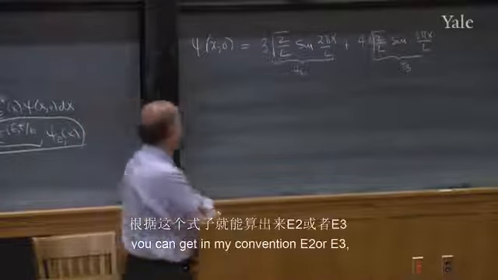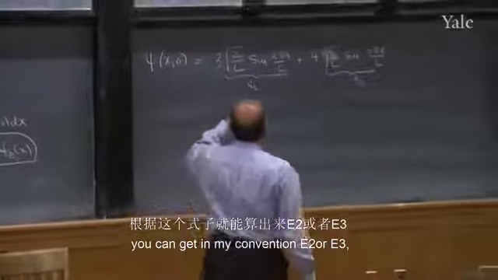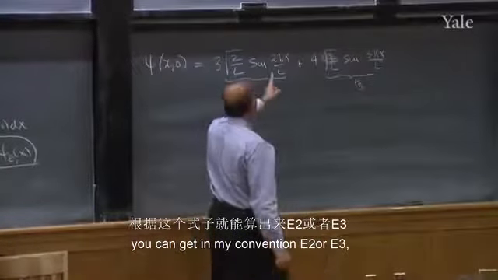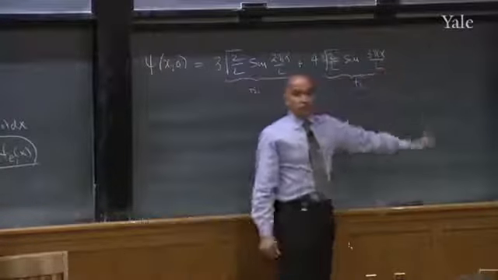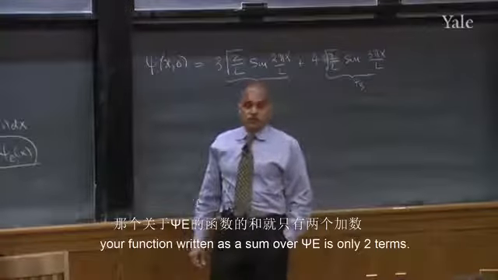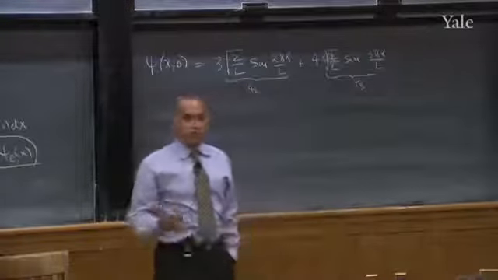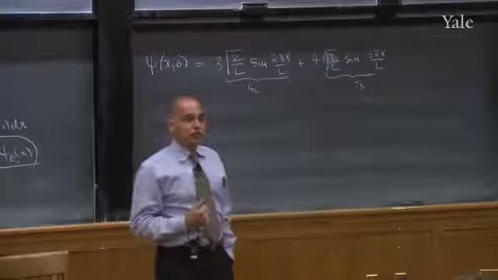So her answer was, you can get, in my convention, e sub 2 or e sub 3. Just put n equal to 2 or 3. That's all you have. Your function written as a sum over psi sub n has only two terms. That means they are the only two energies you can get.